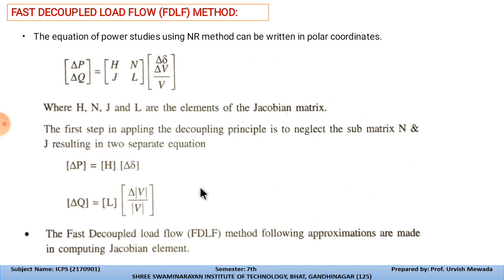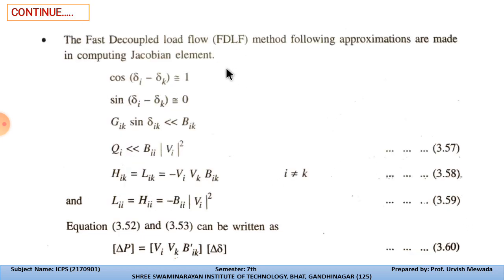The FDLF method follows the approximations made in the Jacobian elements. In computing the Jacobian elements the following approximations are made: first, cos(delta i minus delta k) is equal to 1; second, sin(delta i minus delta k) is approximately equal to delta i minus delta k, where g ik sin delta ik is less than or equal to b ik, and Q i is less than or equal to B ii into mod Vi square.